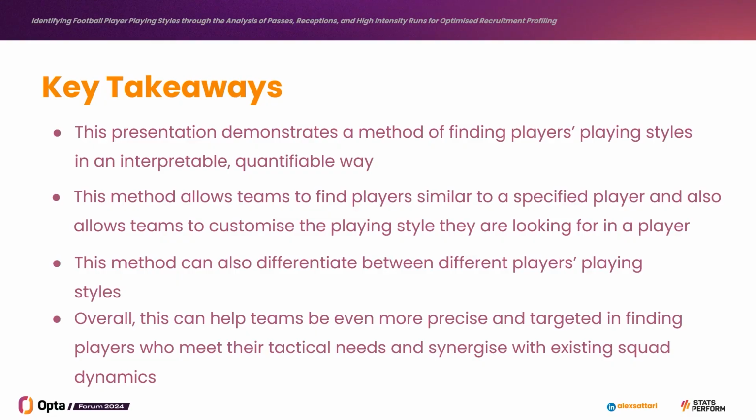We can also show that this method can differentiate between the detailed differences in passing style and running styles of players, and overall that this method can help teams to be even more precise and targeted in finding players who meet their tactical needs and synergize with their current squad.